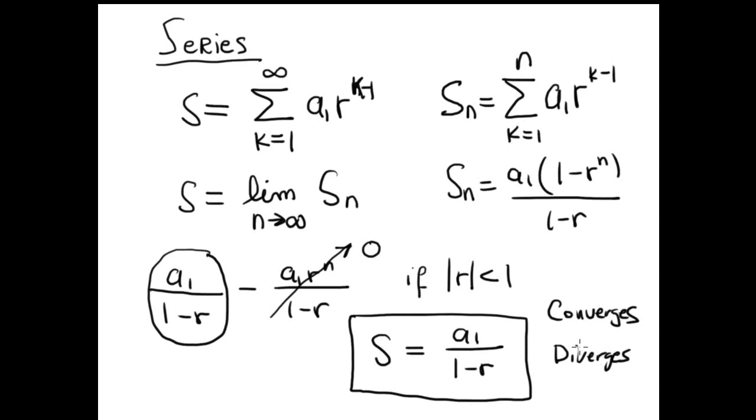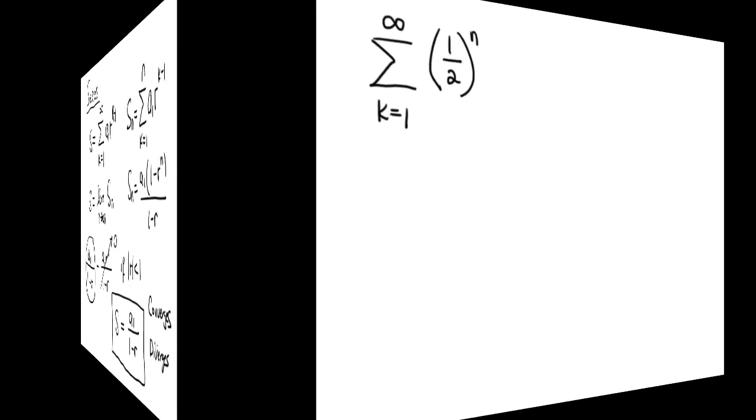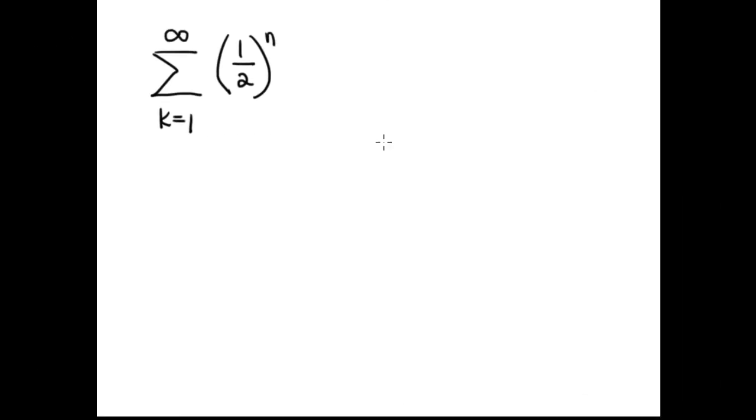Let's see an example now. Prove that this series is convergent. Try to find what value this series converges to. Okay, you analyze this term. A sub n is 1/2 raised to the n power. Generally, this is a1 r to the n minus 1.